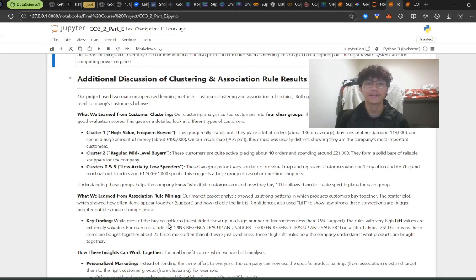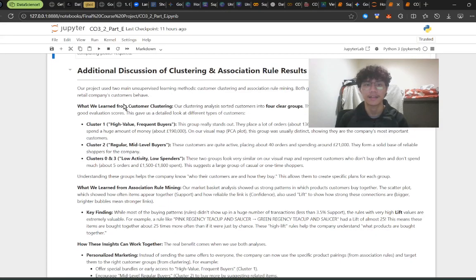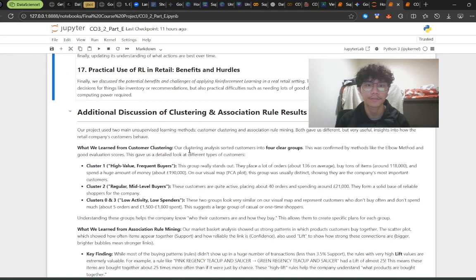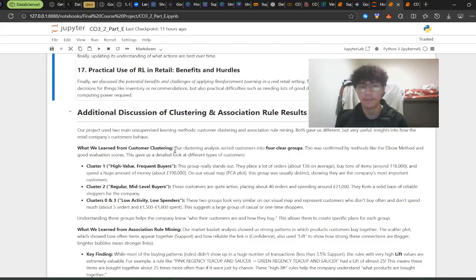Now we are in the additional discussion of the results. Let's dive deeper into the insights of our two main analyses. Our customer clustering successfully sorted customers into 4 distinct groups. We identified Cluster 1, the high-value frequent buyers who are the company's most important customers, who spend on average about £190.